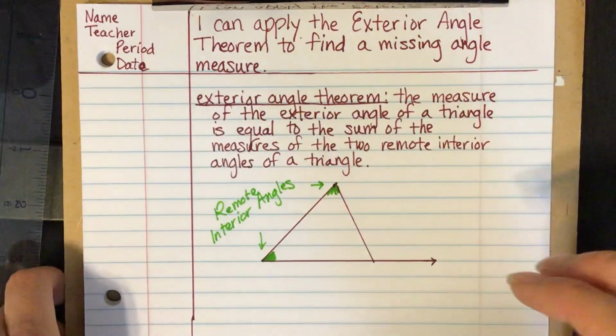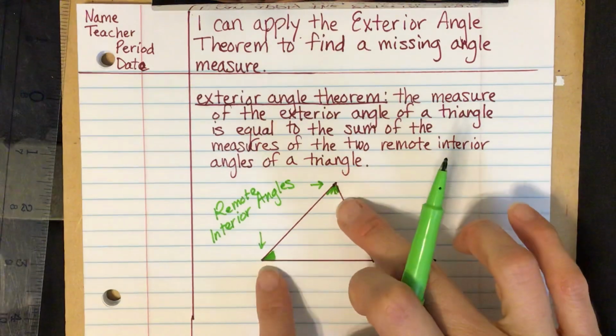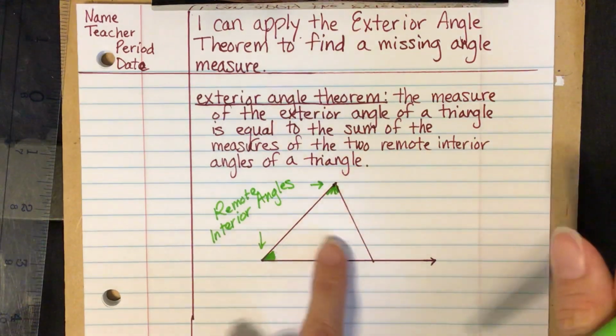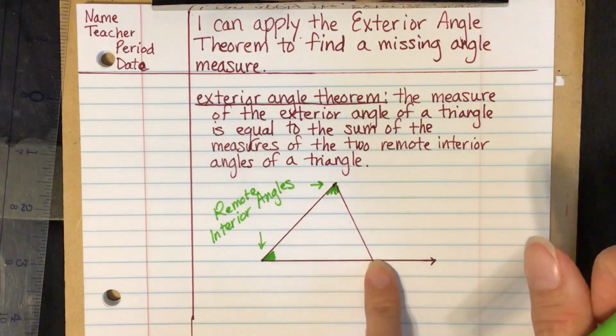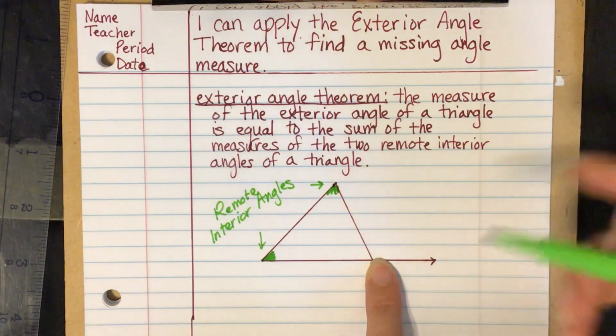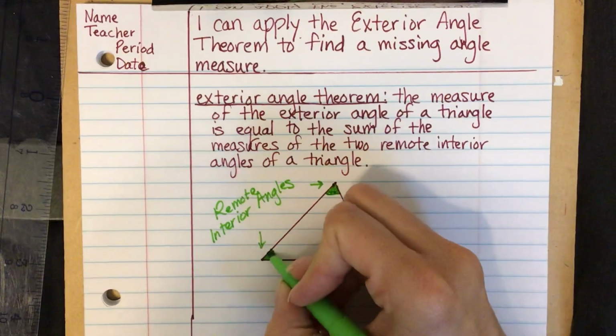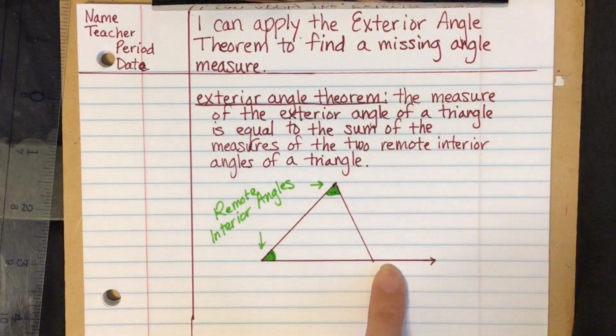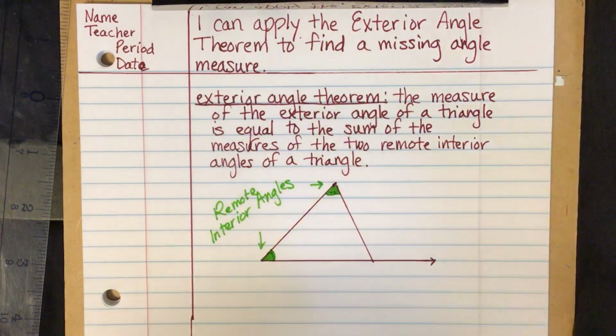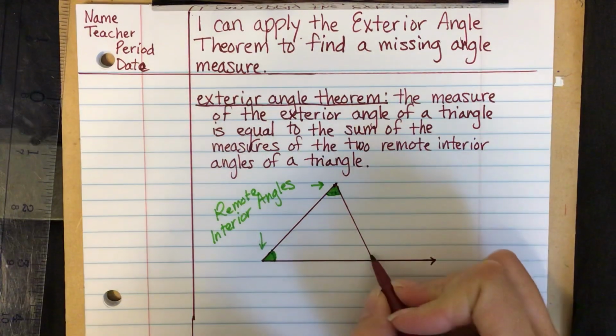They're called interior angles because they're on the inside, and they're remote because they're on the opposite side from this exterior angle. Now this angle right here would be considered an exterior angle.